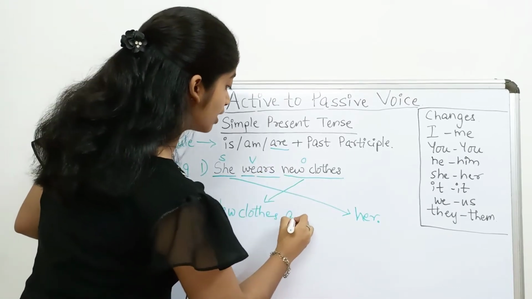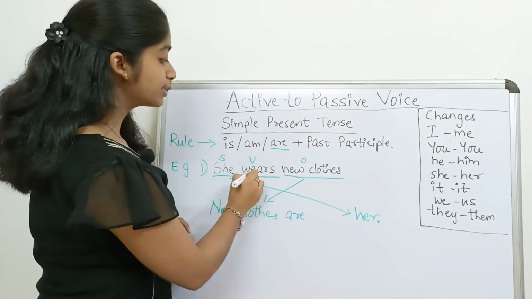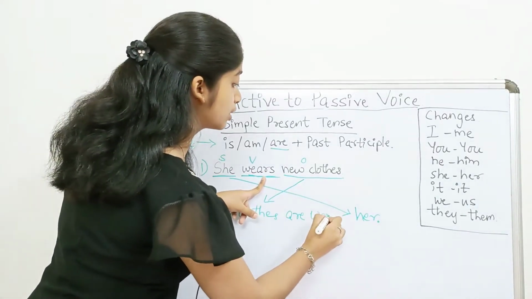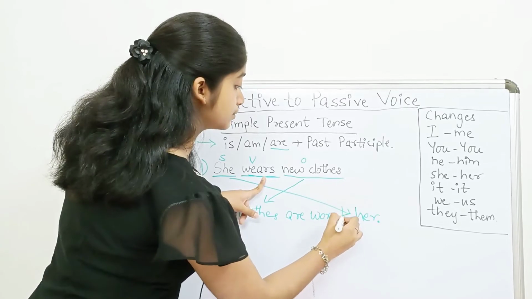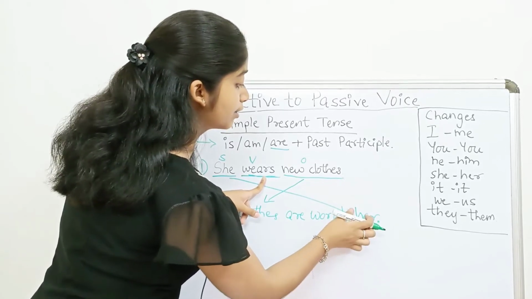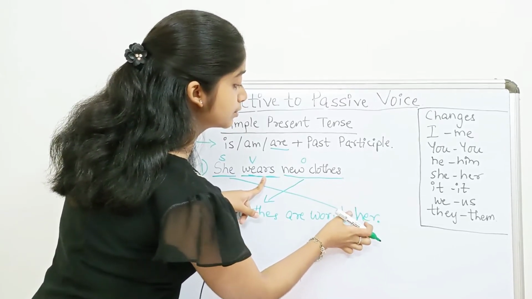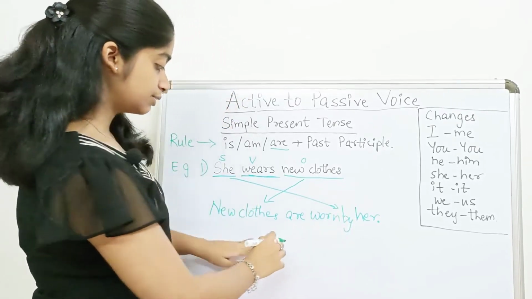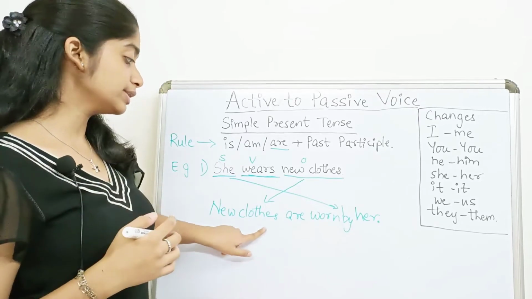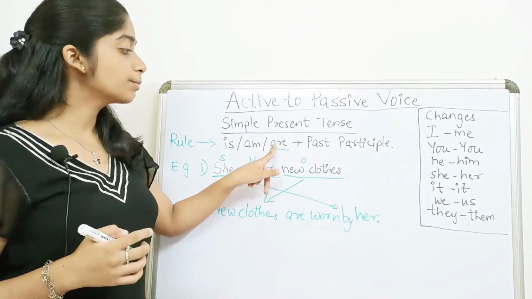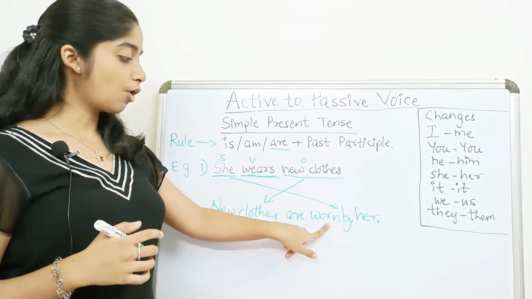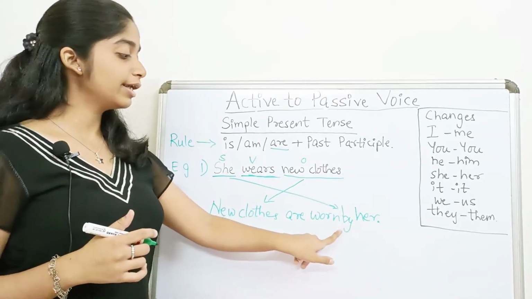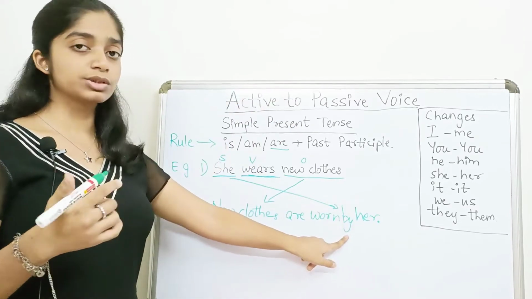New clothes are, past participle of wear, worn, and by her. This will be your final answer. New clothes are worn by her. Are plus past participle, worn. She will become her and before that we will use the word by.